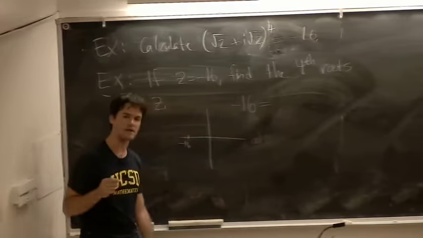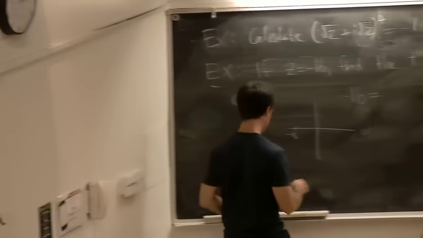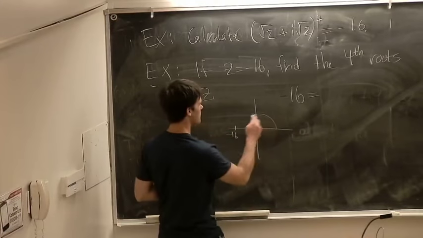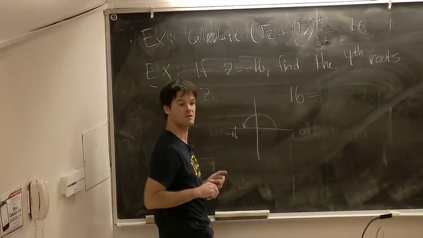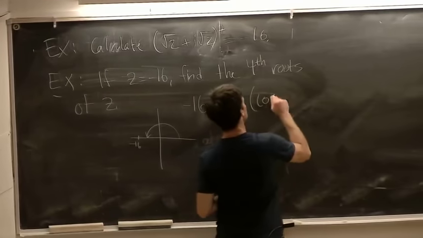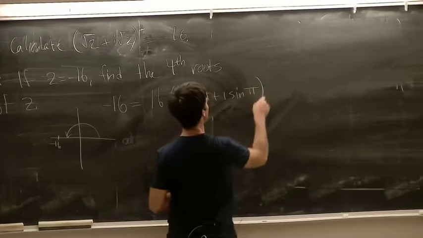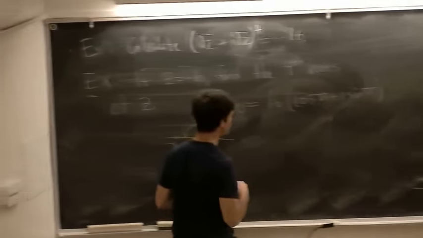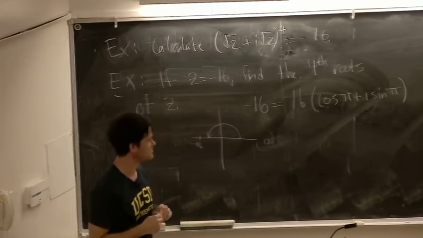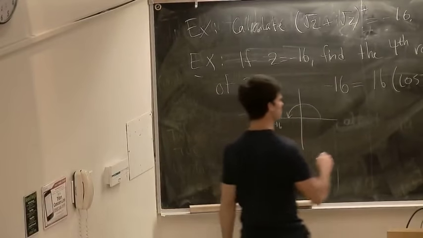So writing negative 16 in polar form, what's the angle? Pi, good. So that's 16 times cos pi plus I sine pi. Okay. So now let's use that formula.